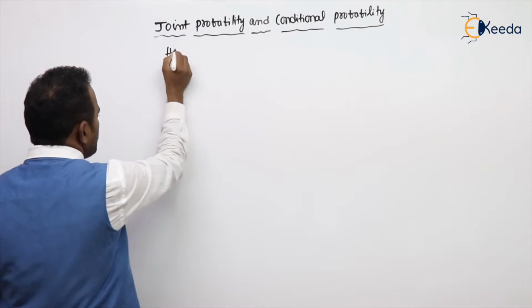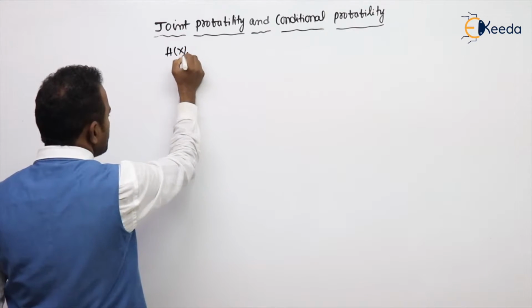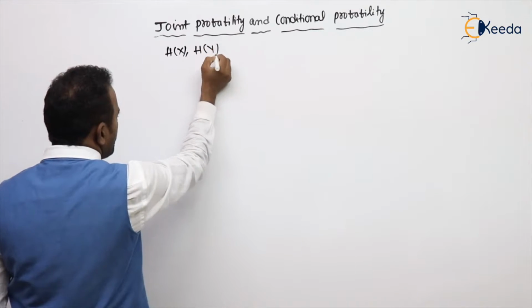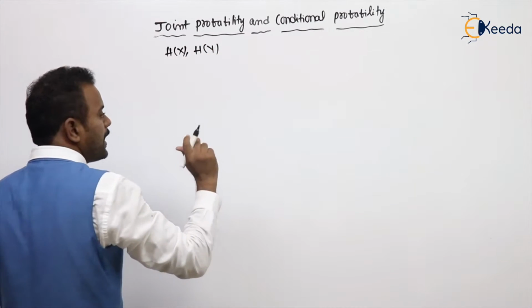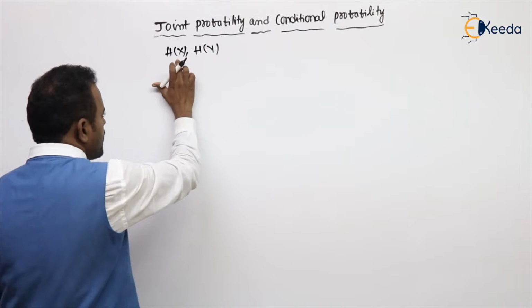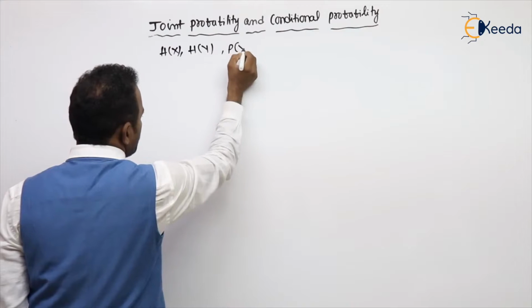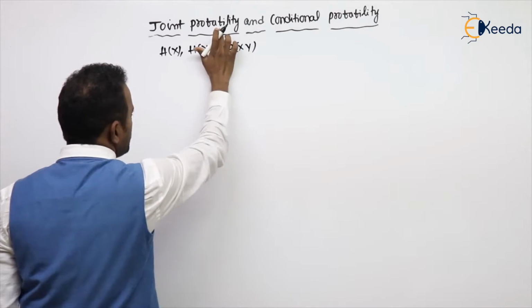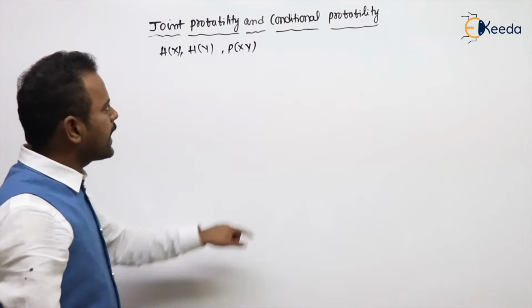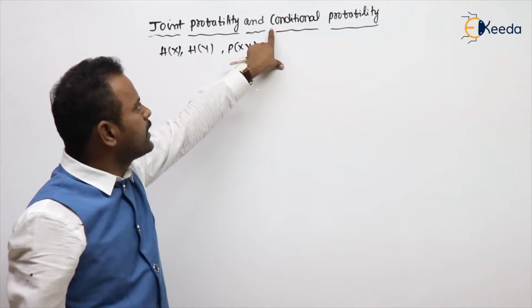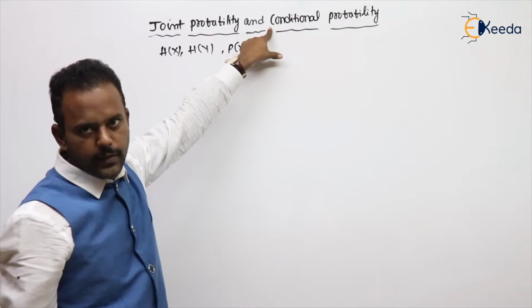So up to now what we got? I already told H of x and H of y are the marginal entropies at the transmitter and the receiver, where P of xy is the joint probability. Now we are calculating the formula for the conditional probability.